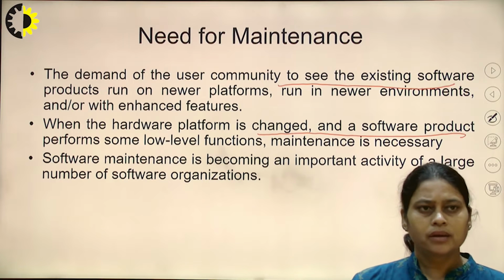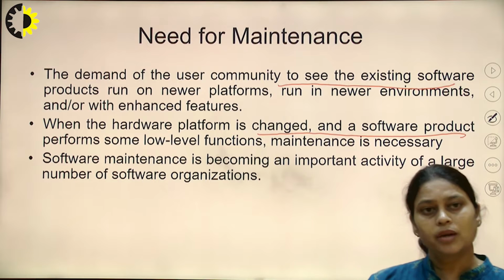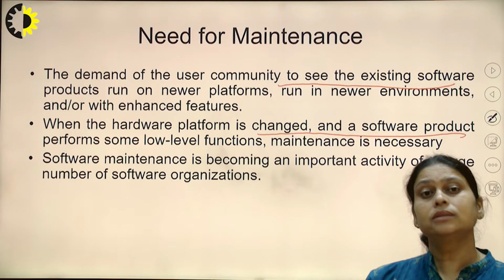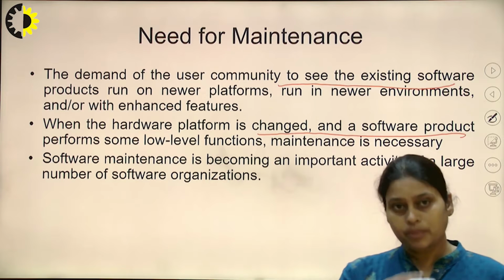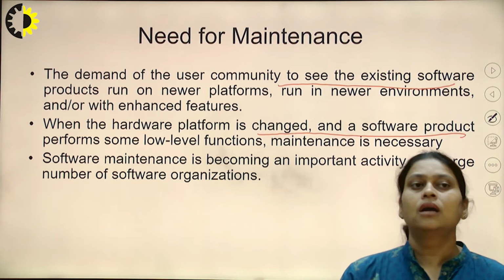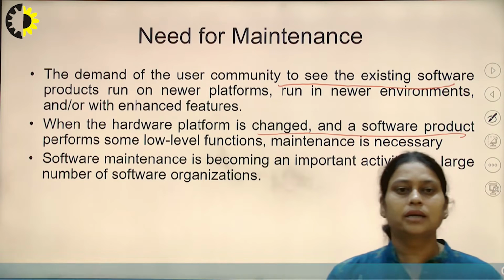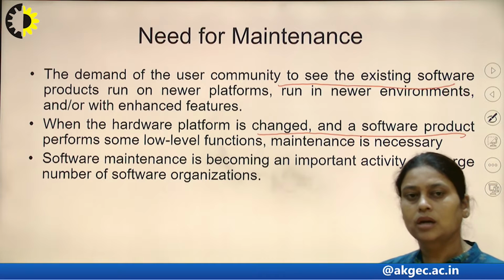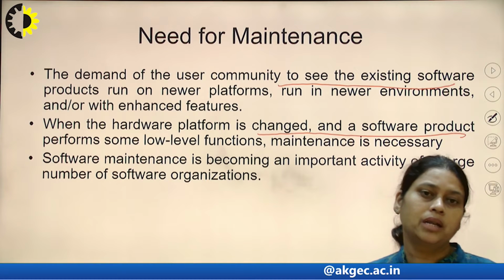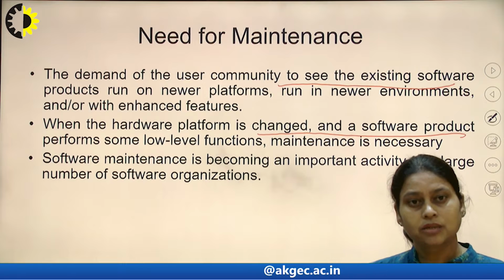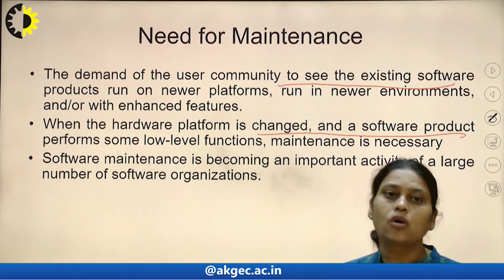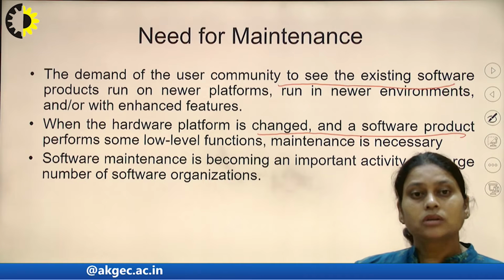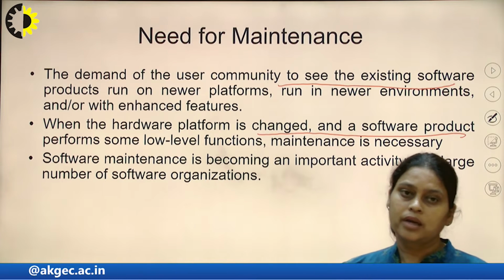And software maintenance is one of the important activities of a large number of software organizations, because, as I have already discussed in my initial lectures, if we talk about the whole cost of software development, then 60% of the cost is involved in maintenance and only 40% in development.